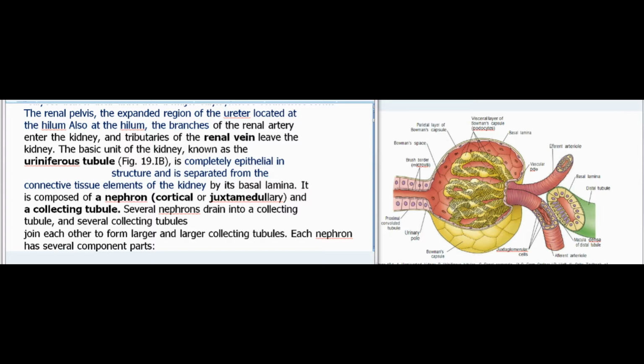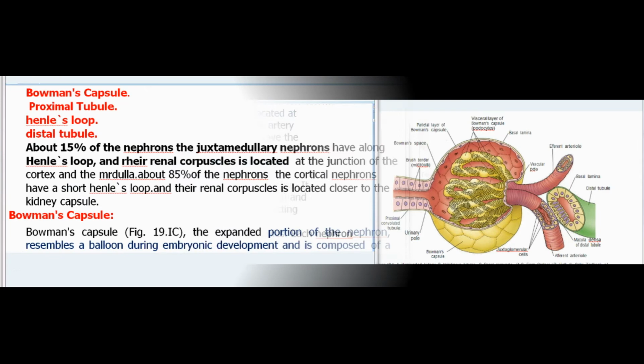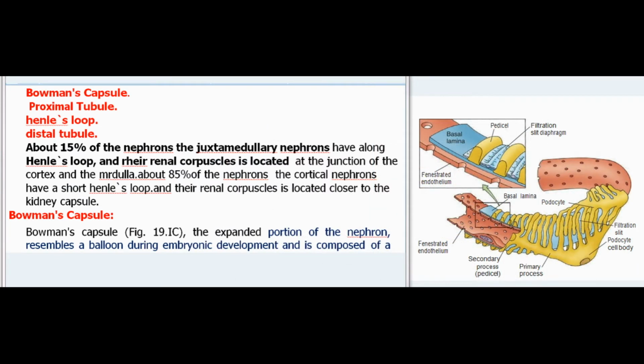It is composed of a nephron, cortical or juxtamedullary, and a collecting tubule. Several nephrons drain into a collecting tubule, and several collecting tubules join each other to form larger and larger collecting tubules. Each nephron has several component parts: Bowman's capsule, proximal tubule, renal loop, distal tubule.